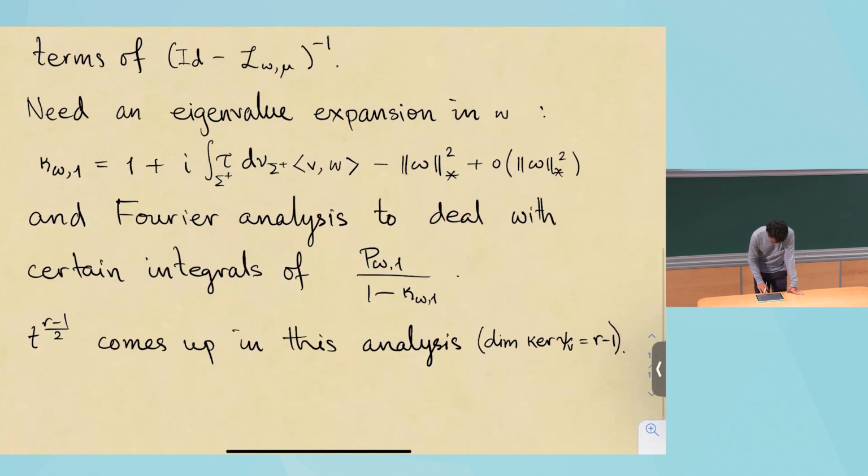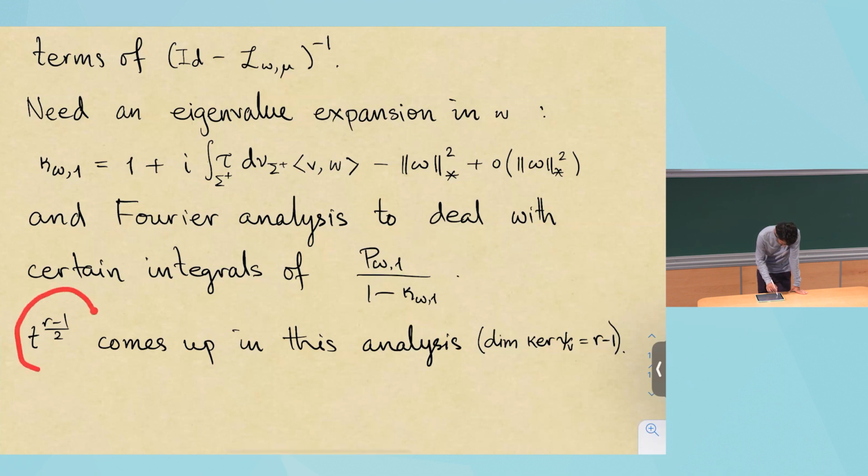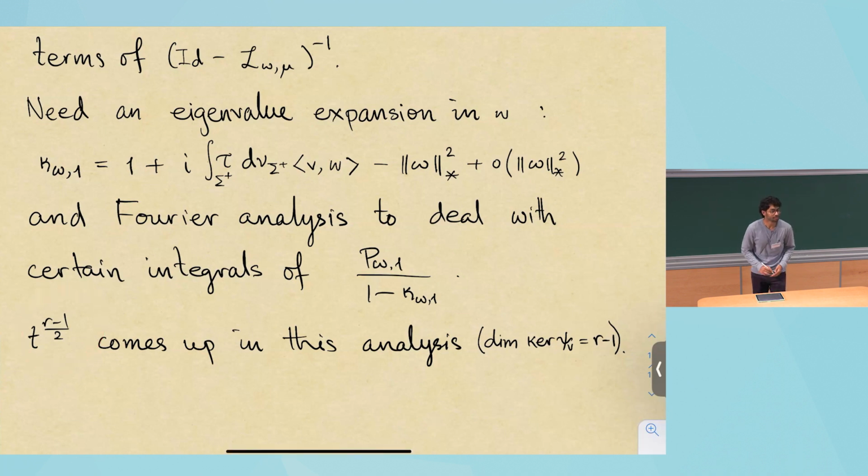And then when you do the analysis to take care of that term, and when you take care of this pole, this t to the (rank minus 1)/2 factor naturally comes up. And this r minus 1 is associated to the dimension of this fiber direction, the kernel of psi.